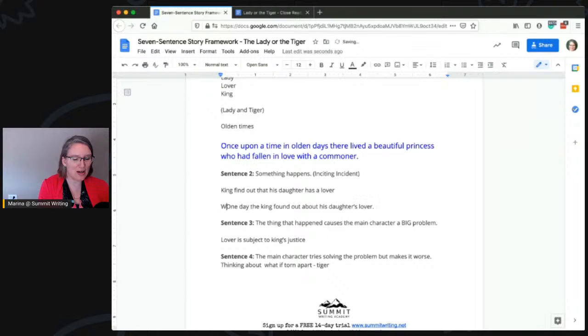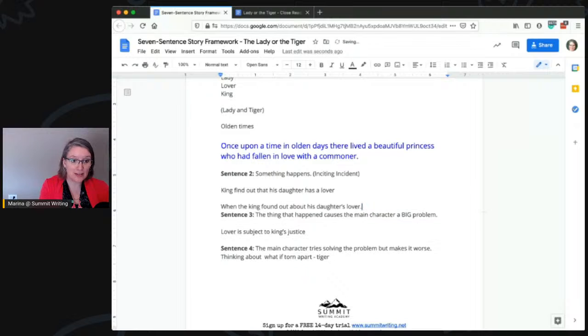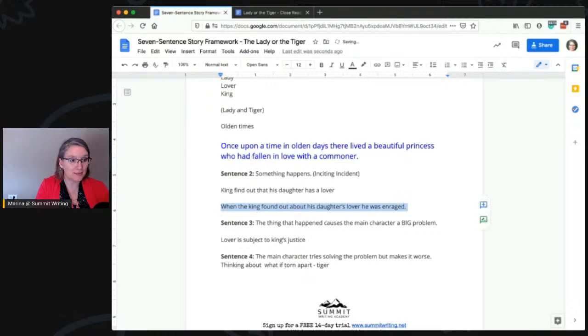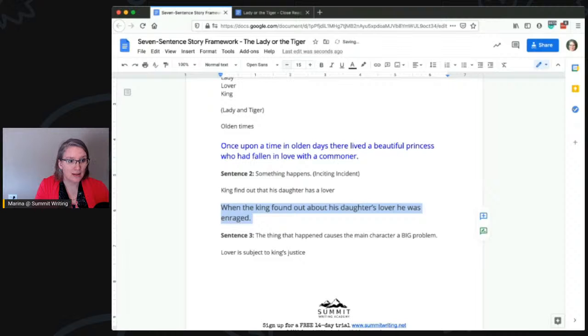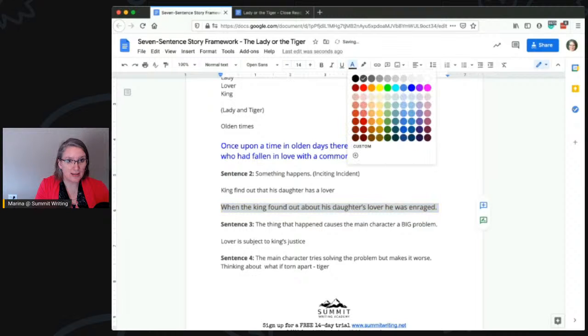Or let's say, when the king found out about his daughter's lover, he was enraged. Okay, let's go with that. And change the color there.